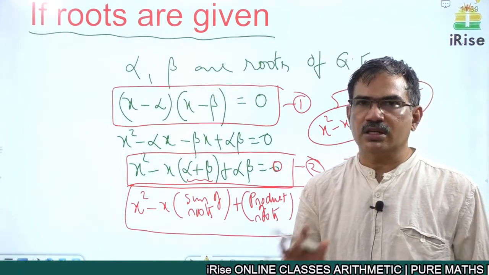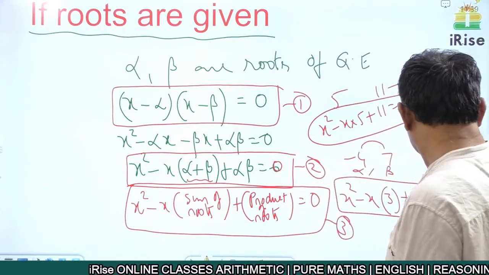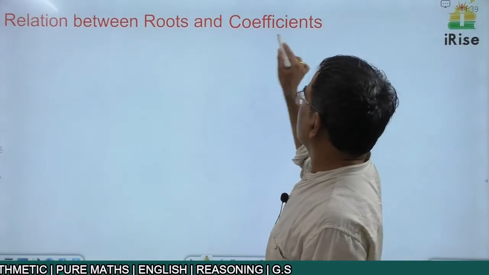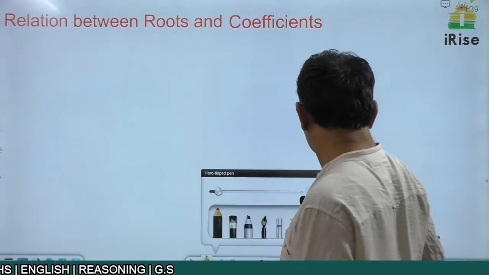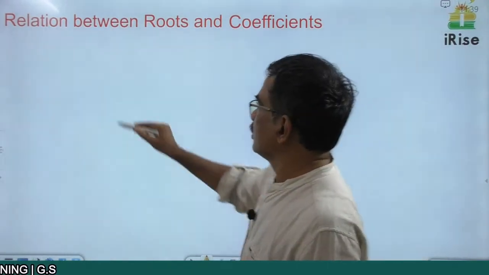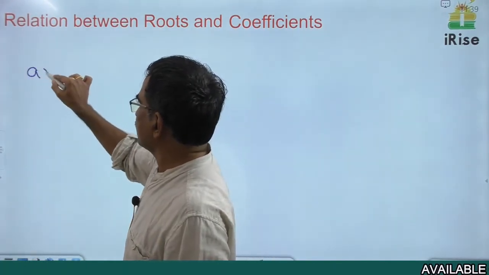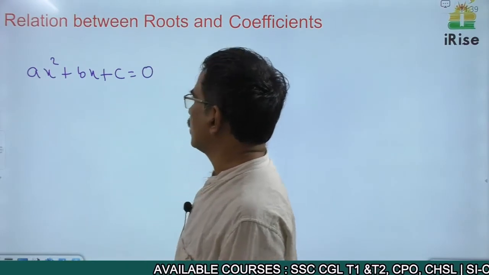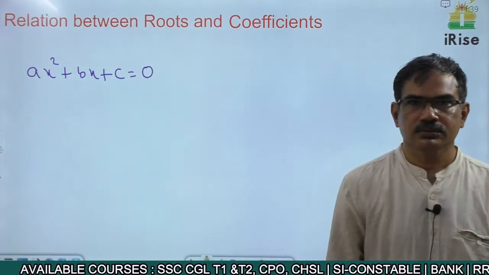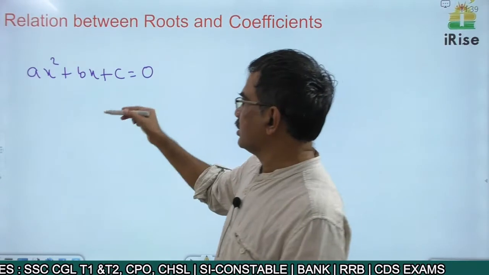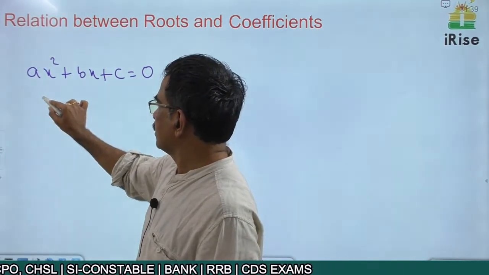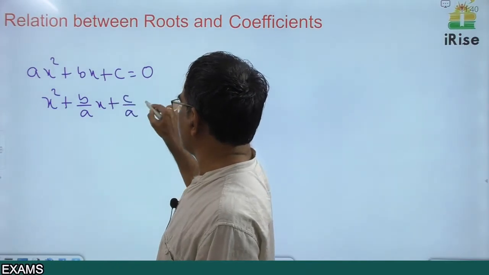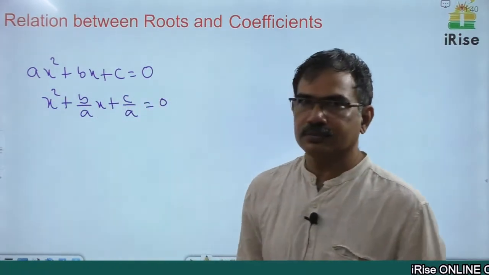Most important concept. Listen. The relation between roots and coefficients. If ax square plus bx plus c is equal to 0 is a quadratic equation, I want to write this equation as x square plus b by a x plus c by a is equal to 0, dividing by a.